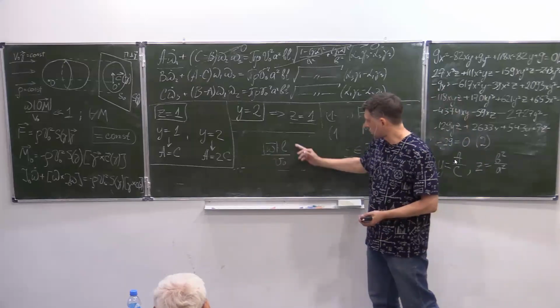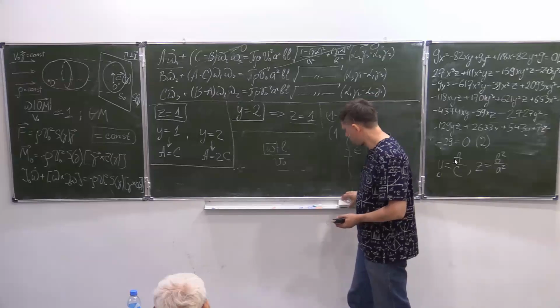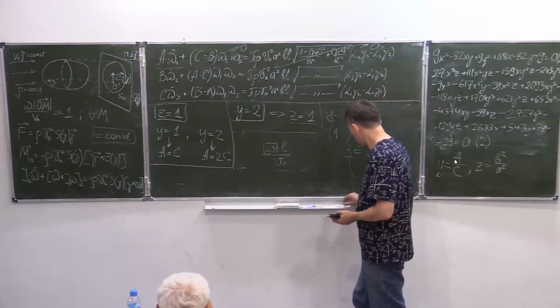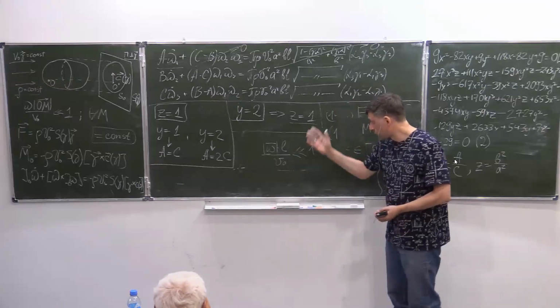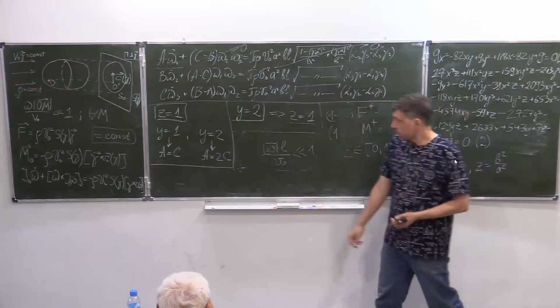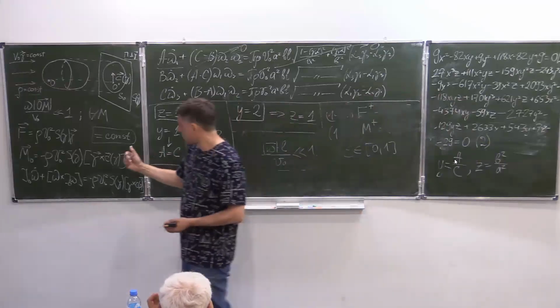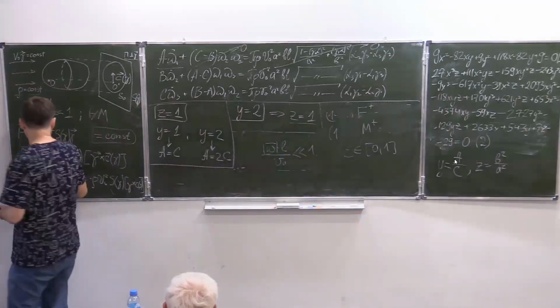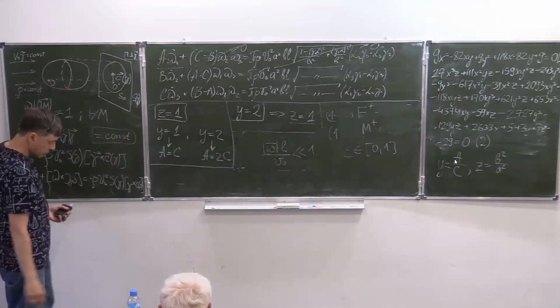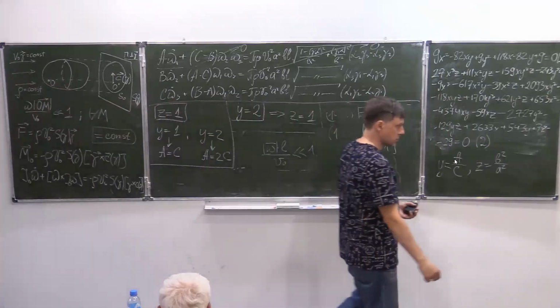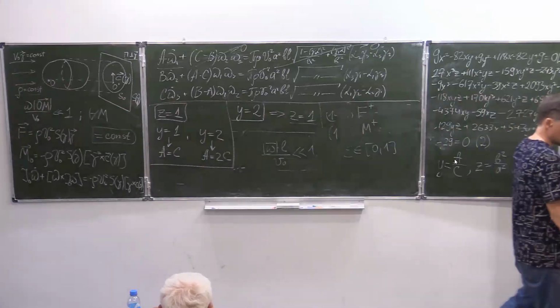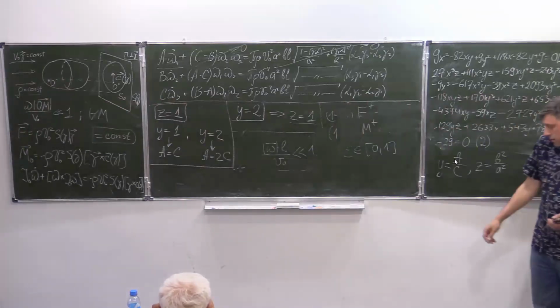Этот параметр мы считаем много меньше единицы, и если мы будем считать его равным нулю, мы получим те общие формулы для силы и момента, которые были здесь представлены. Исходя из таких формул, была поставлена задача.